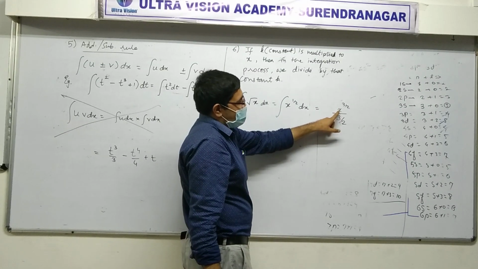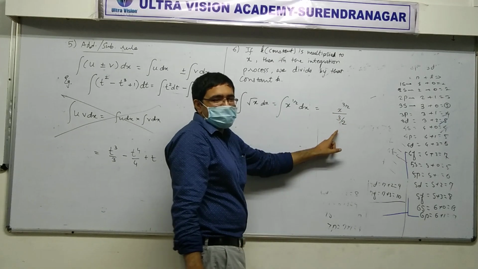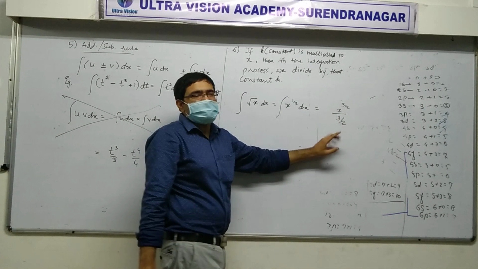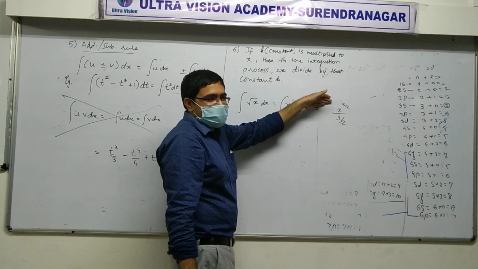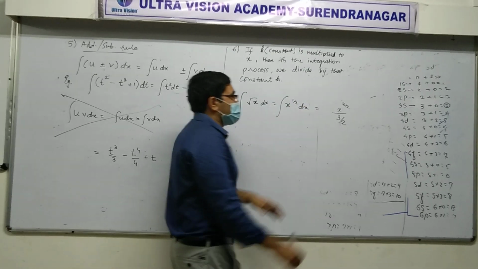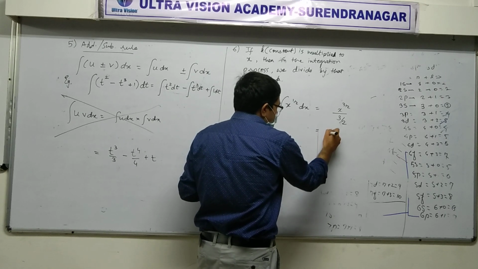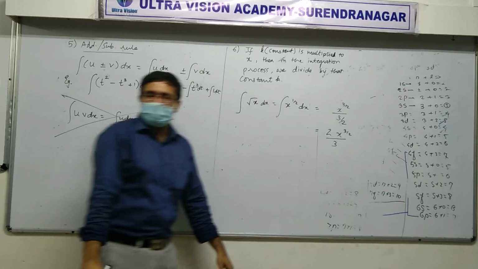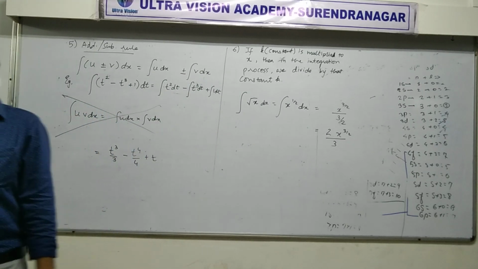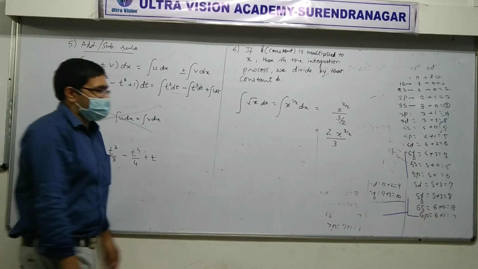So that's what Love was saying: x raised to 1.5 upon 1.5. But like I said, we generally prefer fractions. So this 2 will be in the numerator now because the denominator becomes the numerator. So 2 x raised to 3 by 2, the whole divided by 3. Fine? Yes. Okay. Sit down. Good. Well done. Both answers are right of course.